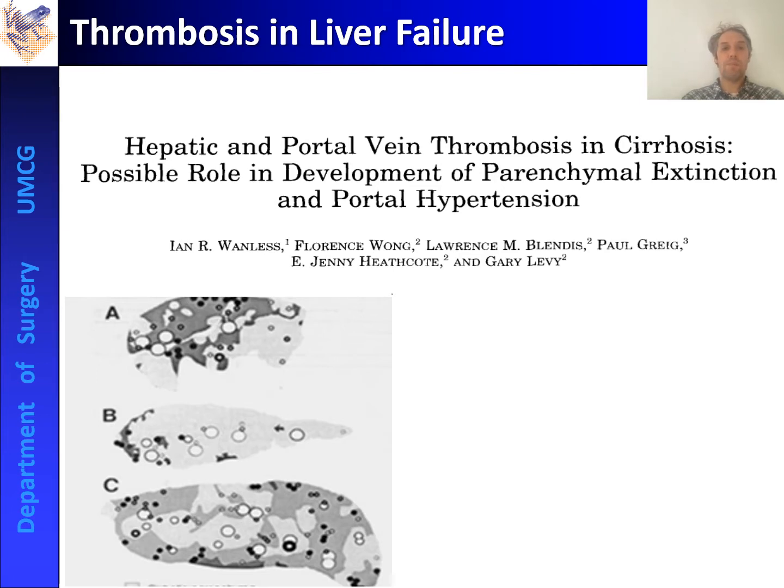And this is exactly what Ian Wanless and his colleagues were able to demonstrate by reporting the presence of thrombi within small and medium-sized branches of the hepatic and portal veins, and they were able to associate them with fibrosis and cirrhosis, which is the end stage of liver failure, where there's extensive remodeling of the tissue and also a lot of pressure on the veins itself, leading to hypertension in the portal system, which is the system of veins which bring nutrient-rich blood from the digestive system into the liver.